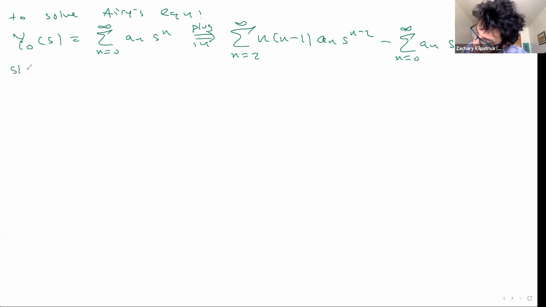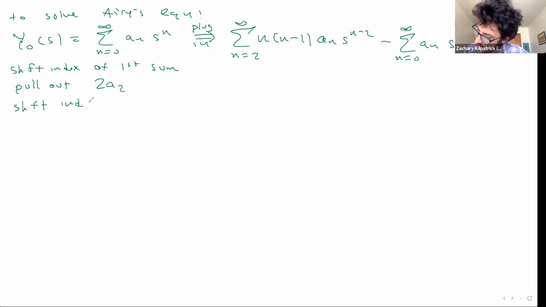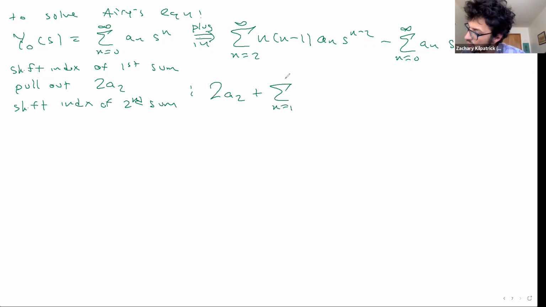Now, if we shift the index of the first sum, pull out 2 times a2, and shift the index of the second sum, we end up with 2a2 plus the sum from n equals 1 up to infinity of n plus 2 times n plus 1, an plus 2 minus an minus 1.